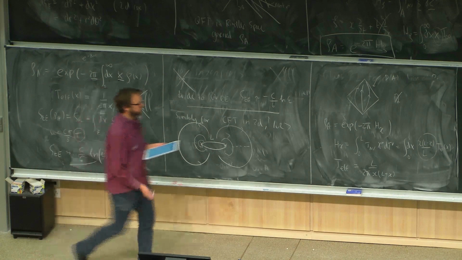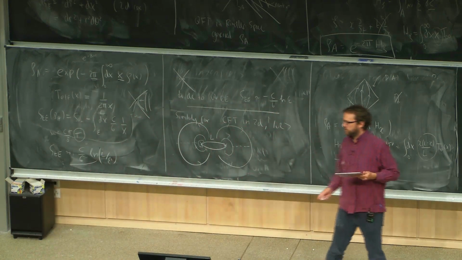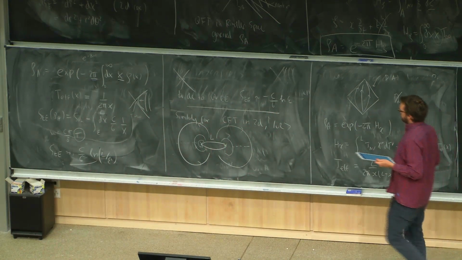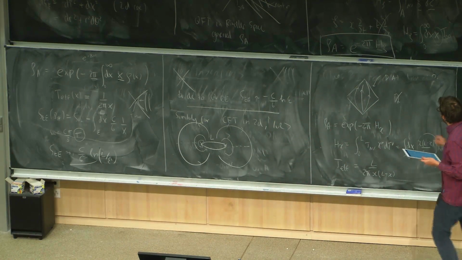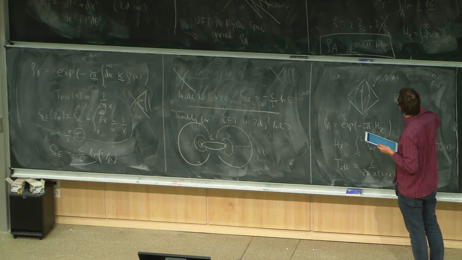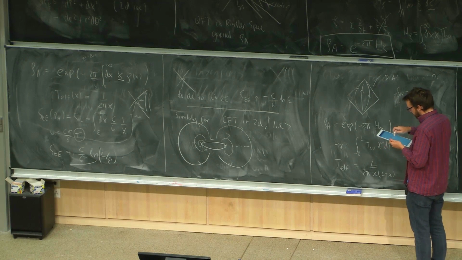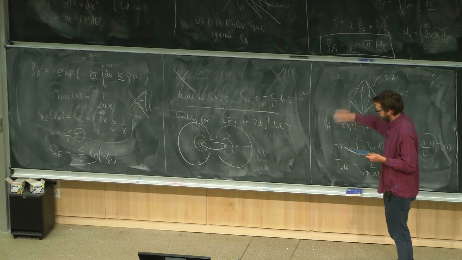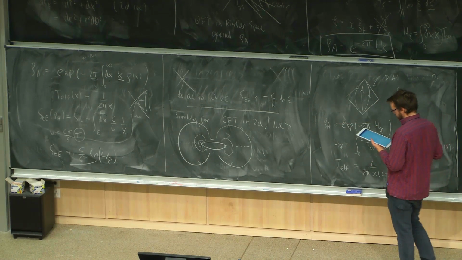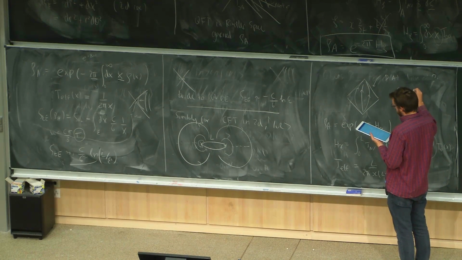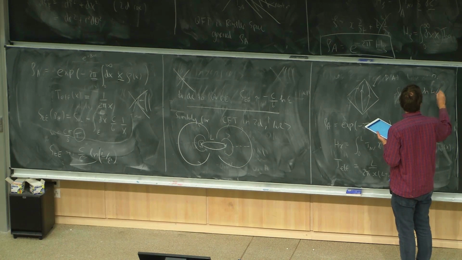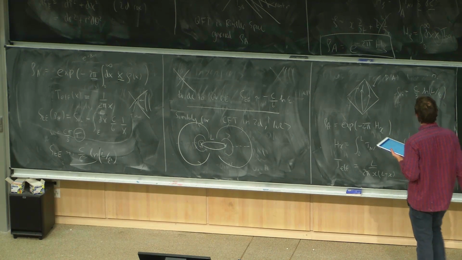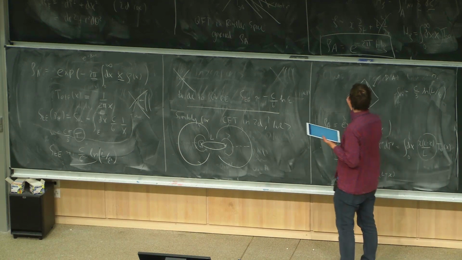Except you have a subtlety. The answer that you get, I'll write it here: S, the thermal entropy that you estimate in this way using the entropy density and integrating it, you get C over 3 log L over epsilon, where L is now really the interval length.